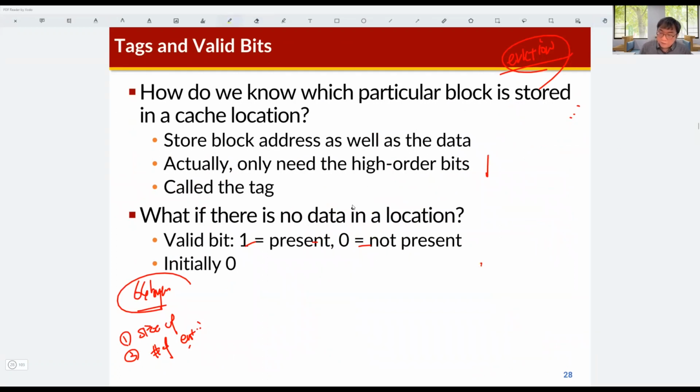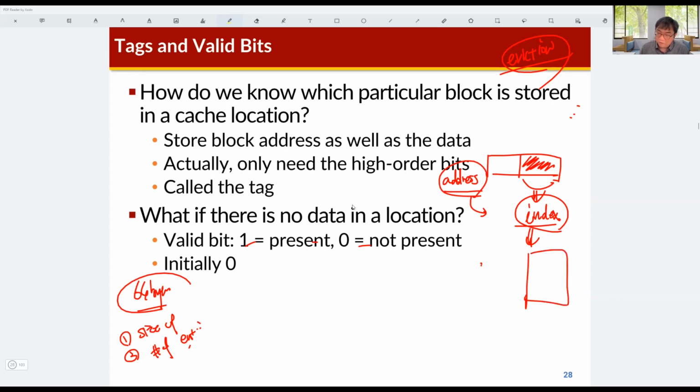Which means this is the address of data. And I said we need to store this address to identify data in the cache. But we already know that in the direct mapped cache, the lower part of the address is used as the index of the cache, and the index represents the location of a target entry of the cache.